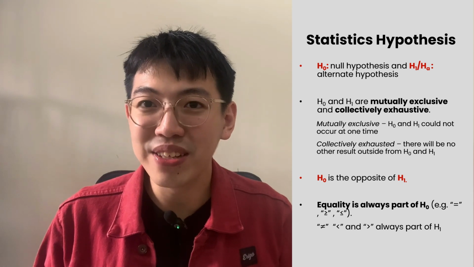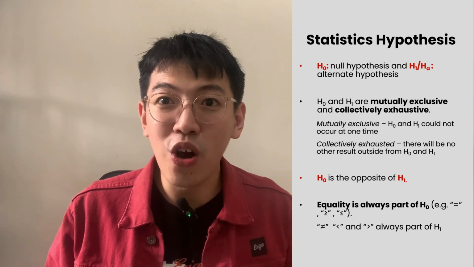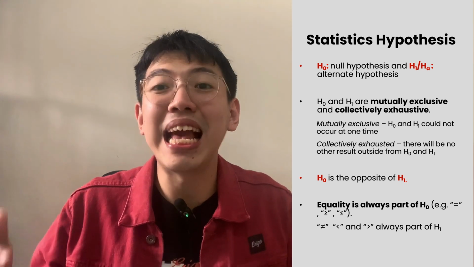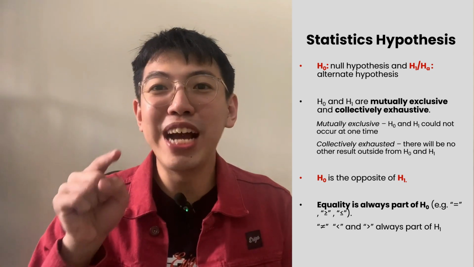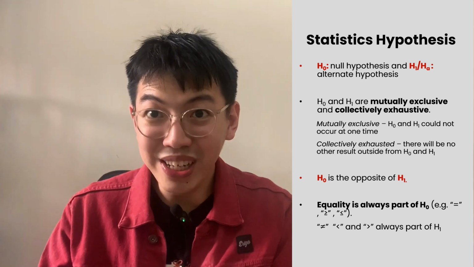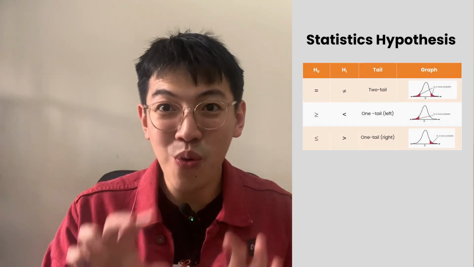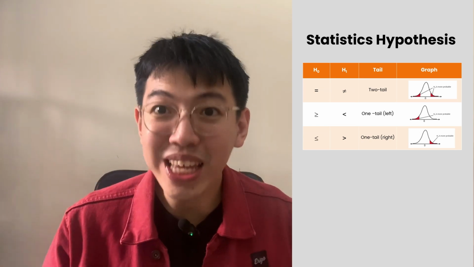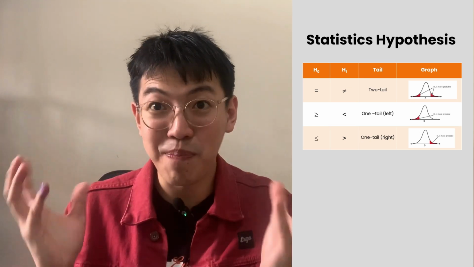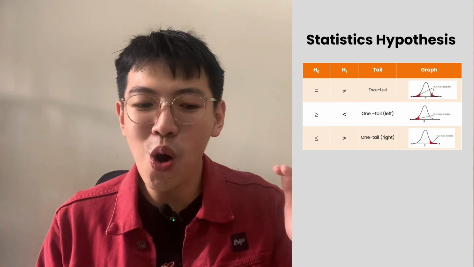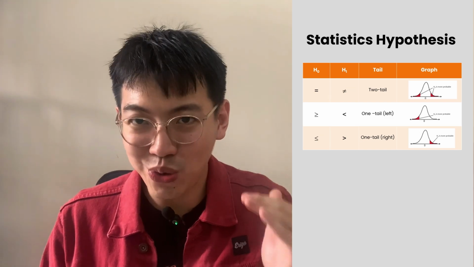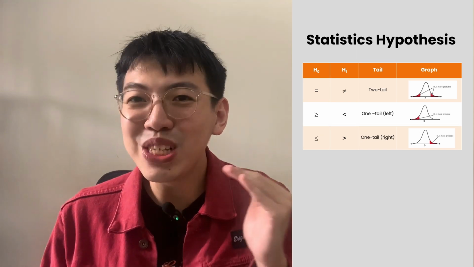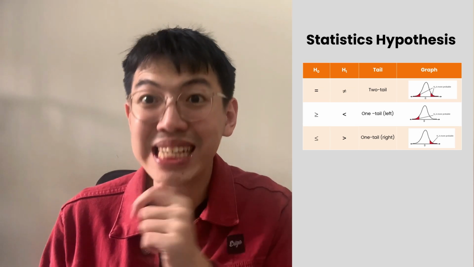Is it clear, right? While the H1 or alternate hypothesis is the opposite. If the H0 is equal, H1 will be not equal. This is the couple. If the H0 is more than or equal, the H1 will be less than.